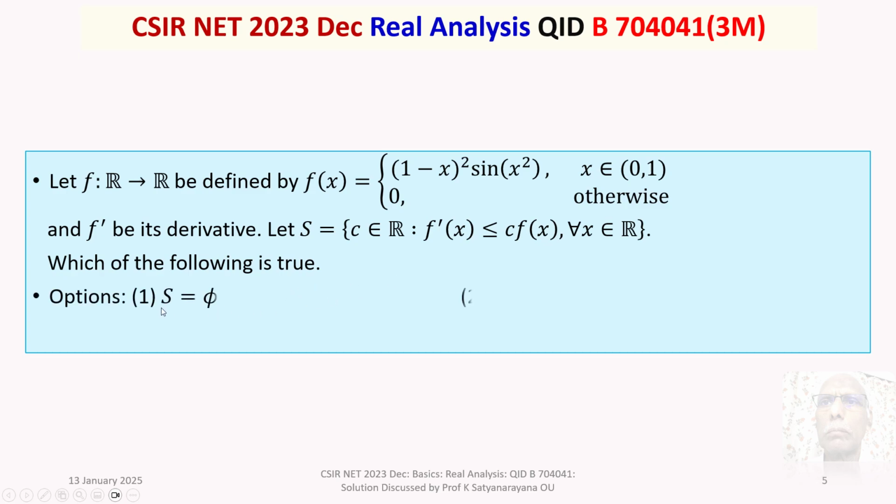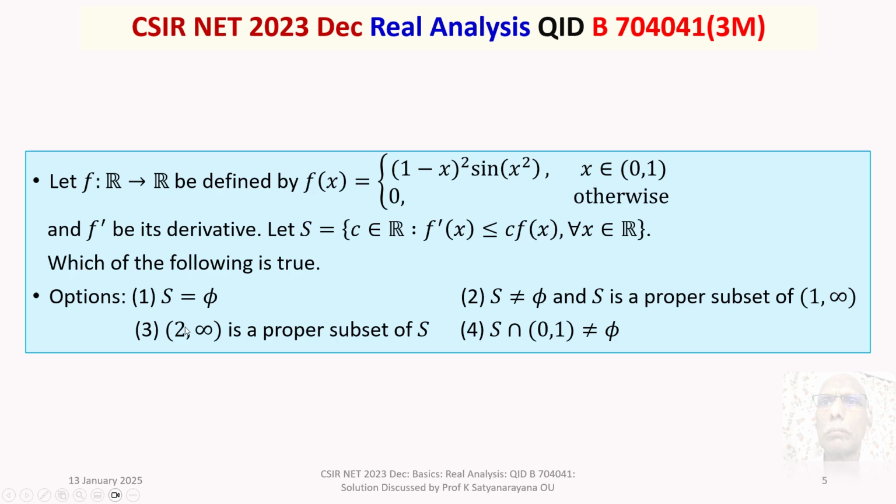We are given 4 options. Option 1, S is an empty set. Option 2, S is not empty and S is a proper subset of the open interval 1 to infinity. Option 3, the open interval 2 to infinity is a proper subset of S. Option 4, S intersection with the open interval 0 to 1 is not empty.